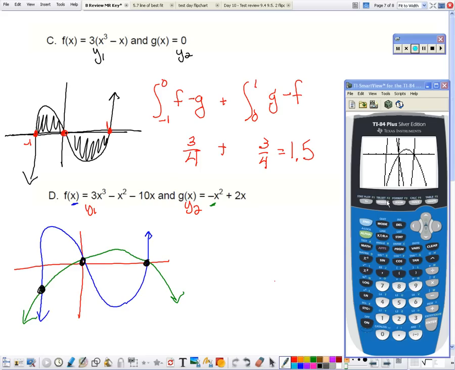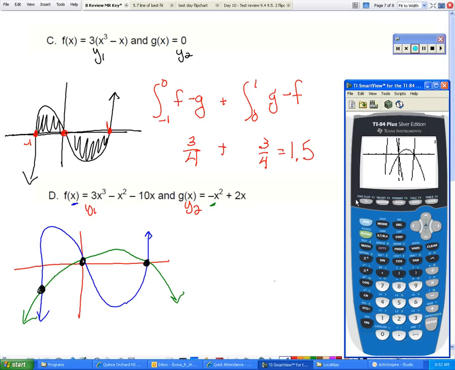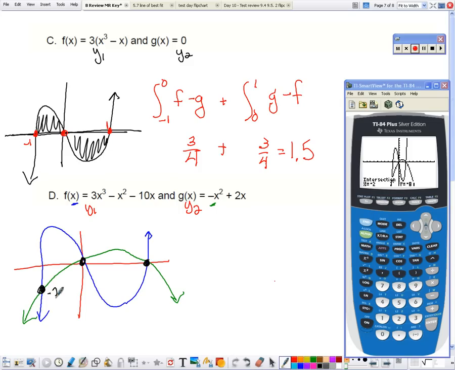So using the second calc intersect, I'm going to arrow over to the one on the left, enter 3 times, and this x value right here is -2. This one's at 0, and this one's going to be at +2.